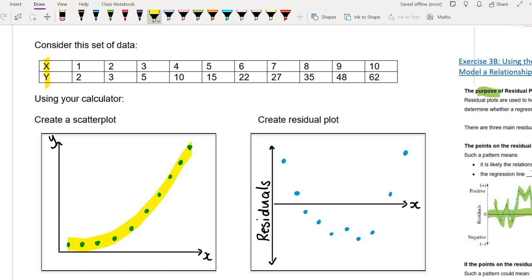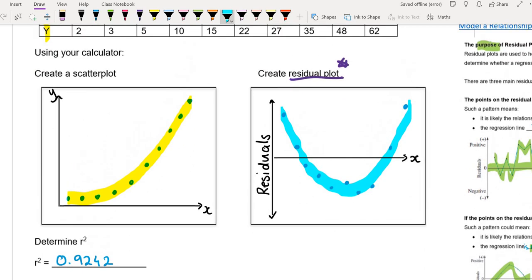Then just to confirm that it is not linear, we can plot a residual plot, really important, and hopefully it has a pattern that is as obvious as this one. Then we can be sure that this is not a linear association between x and y. And when we did the R squared value, it's very high. It's at 92%.